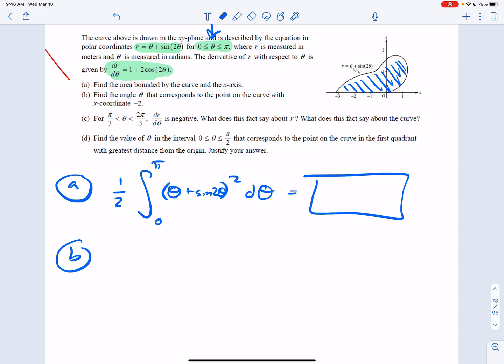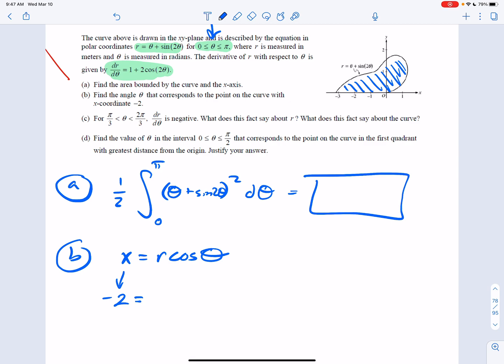Find the angle theta that corresponds to the point on the curve with x coordinate -2. This is kind of like that last FRQ, okay? Remember that x is equal to r cosine theta. So we know that the x coordinate is -2.